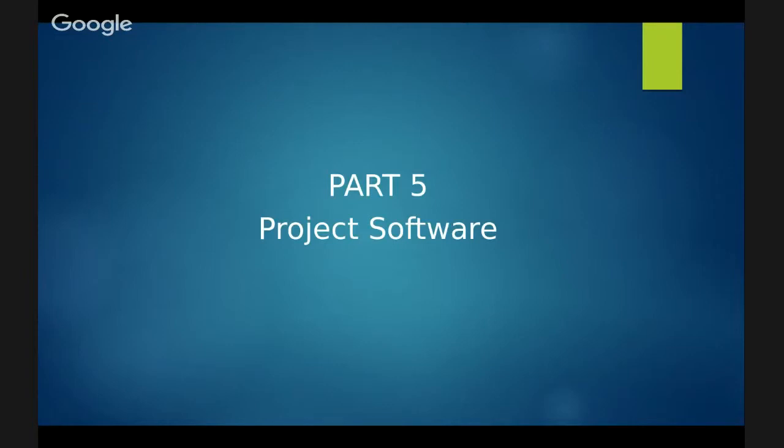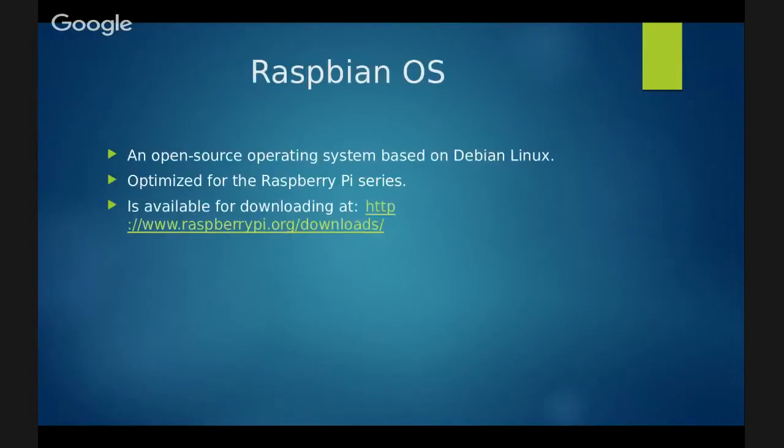So, first comes the Raspbian operating system. It's an open source operating system based on Debian Linux, and as Tanzir has already said, it's an optimized version for the Raspberry Pi series, and it's available for download at the link shown on the screen. Basically, what we did was download the .iso file, the disk image, from that link.